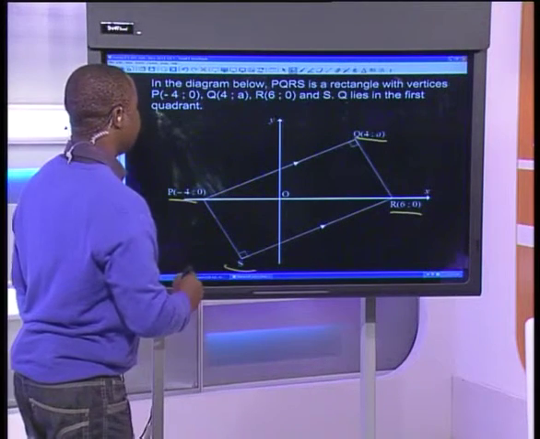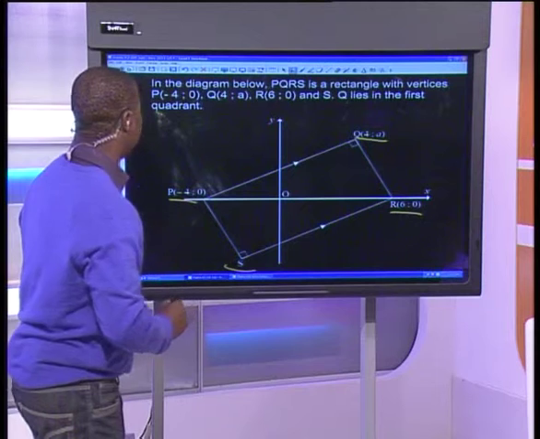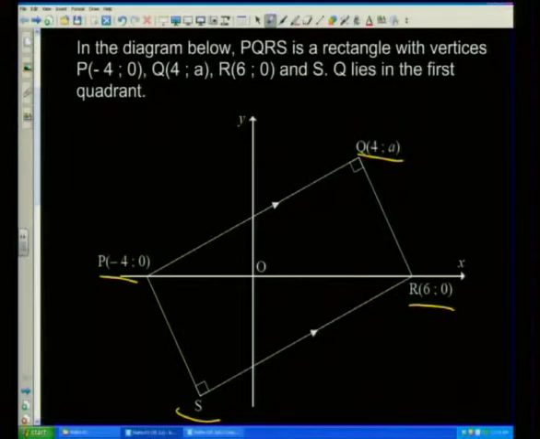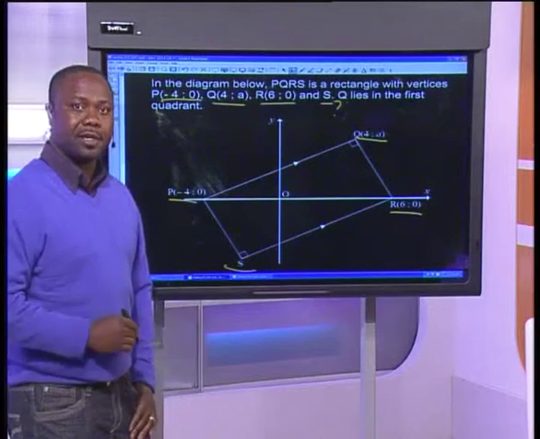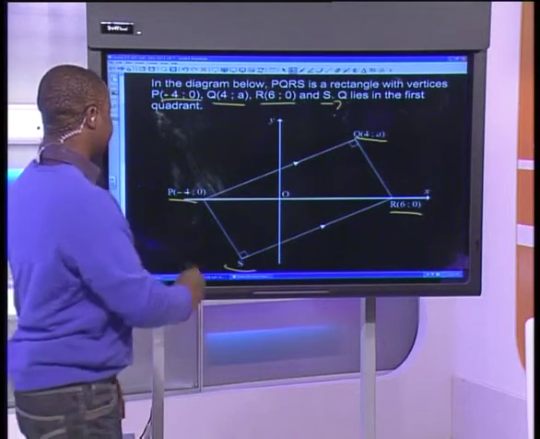More information is given on the vertices. P has coordinates (-4, 0). Q has coordinates (4, A), and R has coordinates (6, 0), and S is a standalone, it's got no coordinates. You can expect the coordinates of S to be asked a little bit later.